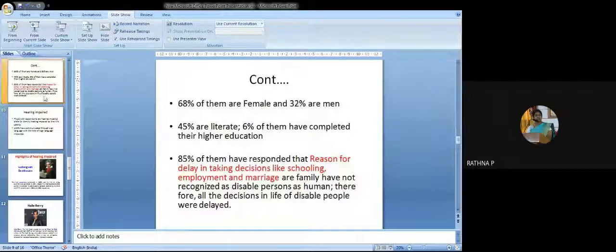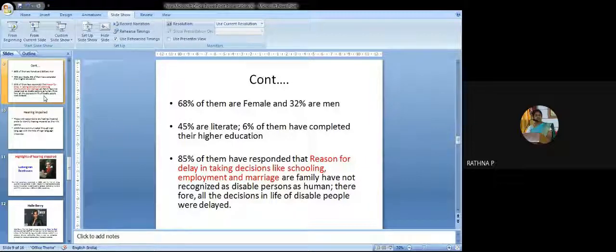So this is my impact. I analyzed and found that 68% of them are female and 32% are men, 45% are literate, and 6% have completed higher education.